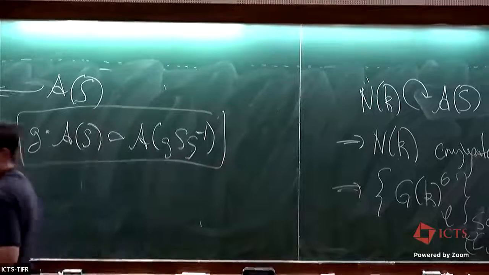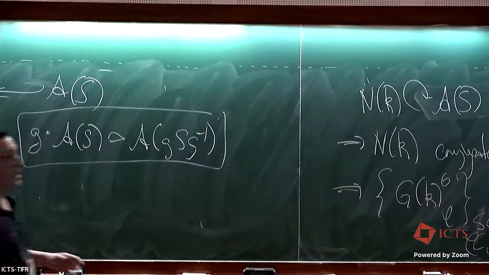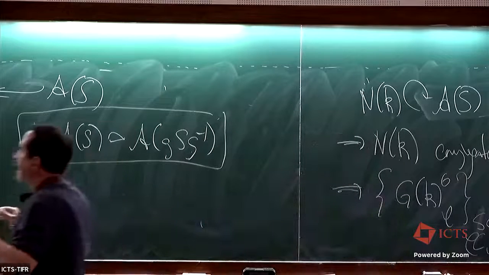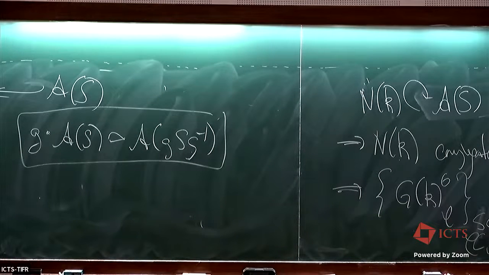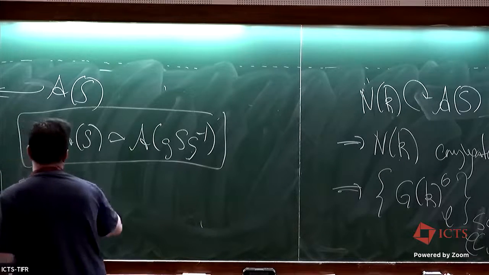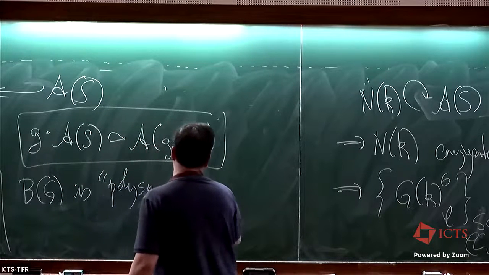So this set is some kind of very subtle merging together of all of the apartments in some quite complicated way that has this action by G(K) on it. Okay? So in any event, the point I want to make is that we create this set, and because this group theoretic data actually is a Tits system, it turns out that this B(G) is an example of a polysimplicial complex.